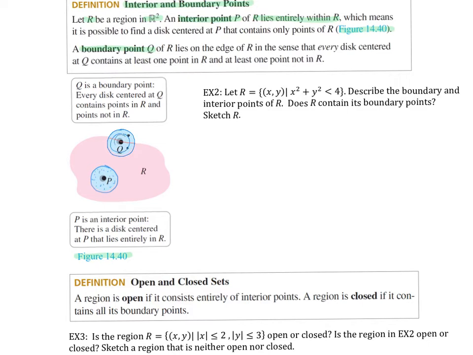If it's a boundary point, where the point is the center of the disk, I should always be able to find one point in and one point outside of R.